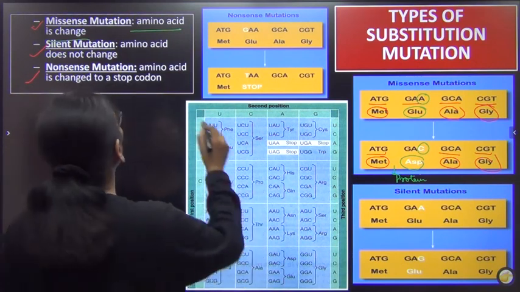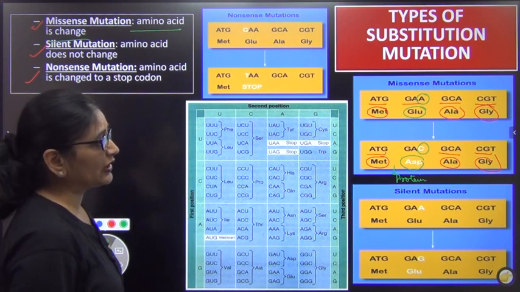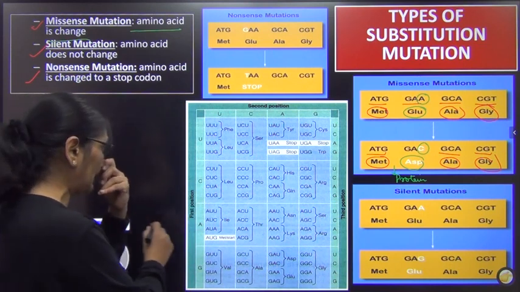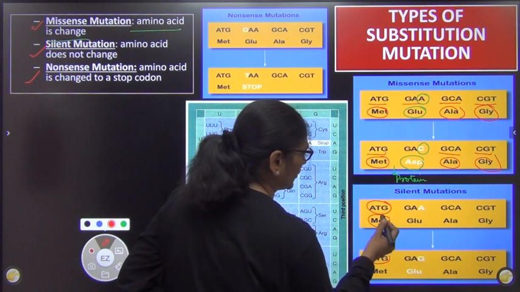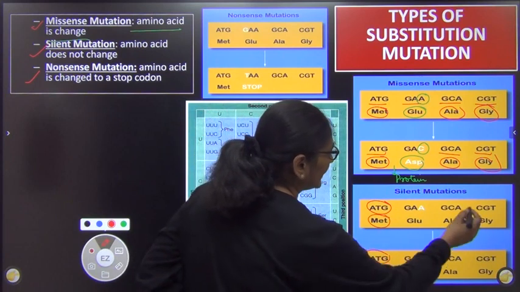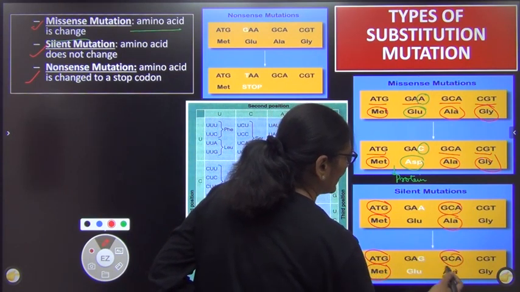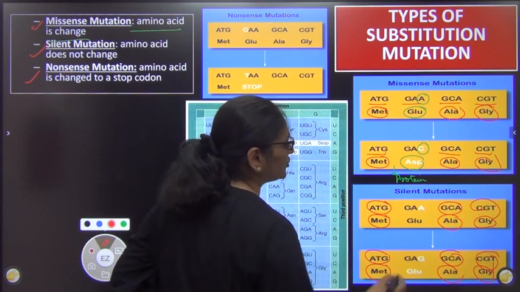Now let us come to the second one, that is the silent mutation. Silent mutation is a case where we will again see, here you can see it is ATG, so the corresponding amino acid is same, right? There has been only one change.